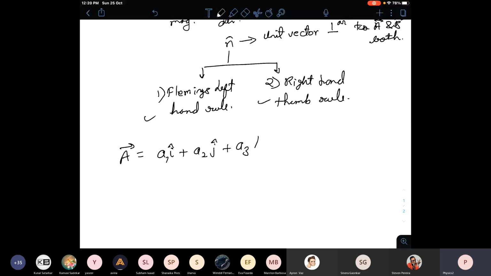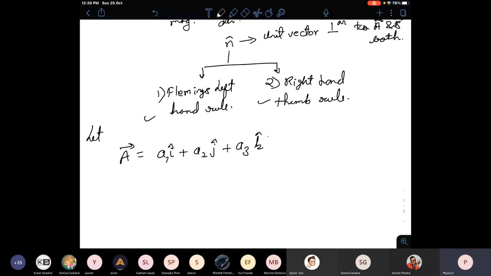Okay, how to calculate the cross product if I have been given my vector in the form of standard unit vectors, that is I cap, j cap and k cap? Okay, so let's assume that a vector is this, b vector will be b1 I cap plus b2 j cap plus b3 k cap.